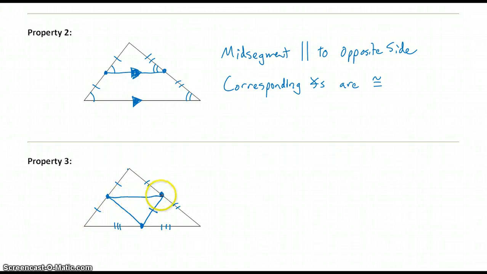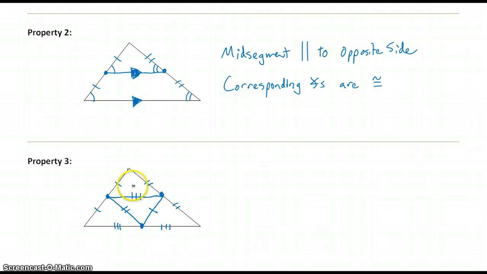And if I look at this midsegment, the measure of this midsegment is going to be half of the measure of this side. Or if I look, this midsegment will be 3 tick marks long. And if I look at this midsegment, it's going to be half of this side, and half of this side is 2 tick marks.